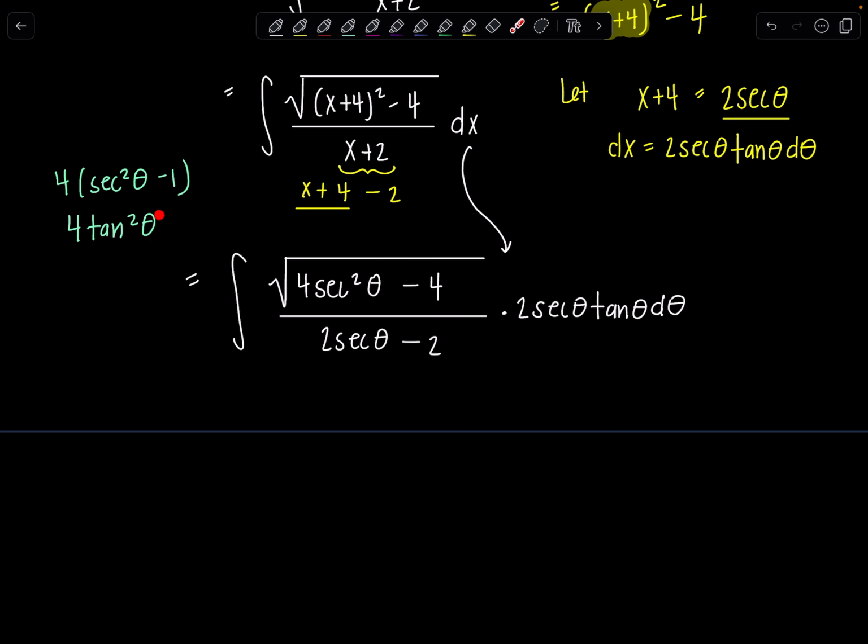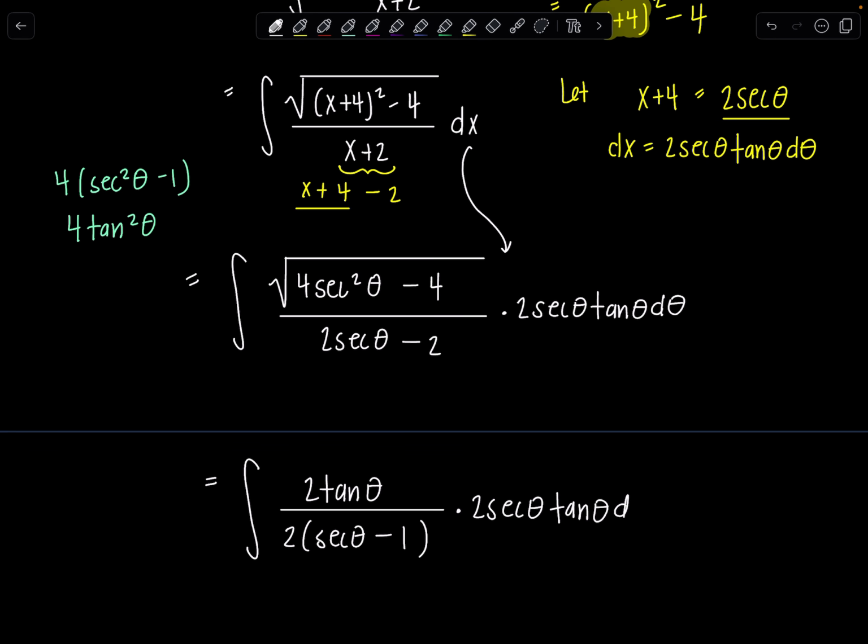So square root of 4 tan squared theta, technically it's 2 absolute value tangent theta, but we don't need to keep the absolute value bars because we always restrict theta when we do trig-sub. So I'm just going to replace the whole numerator now with 2 tangent theta over, let's factor this 2 out from the denominator, then we have secant theta minus 1, and then here's still 2 secant theta tan theta d theta. Good?